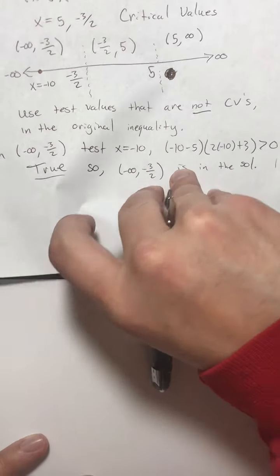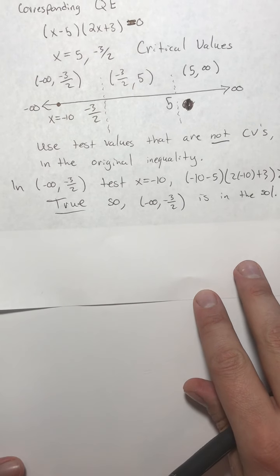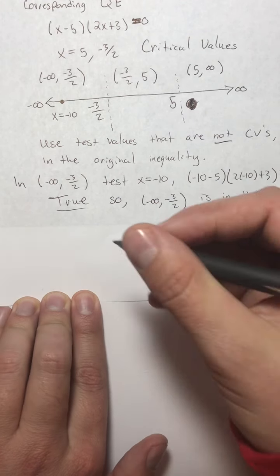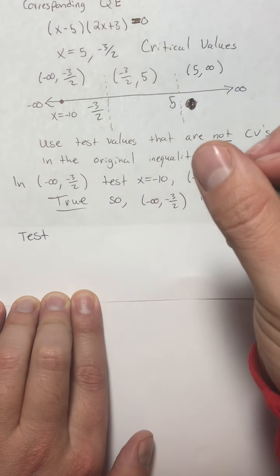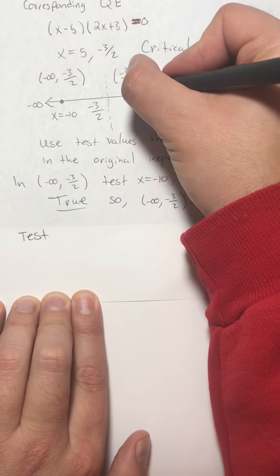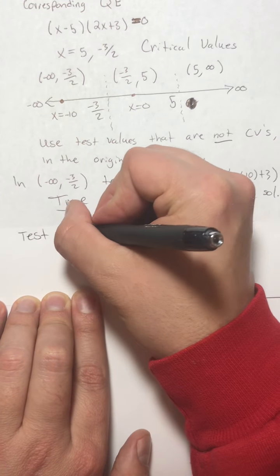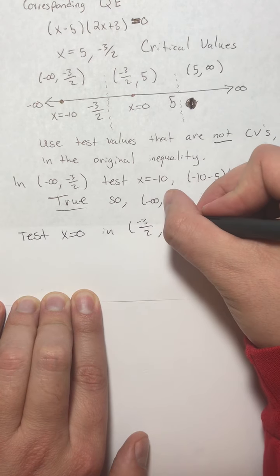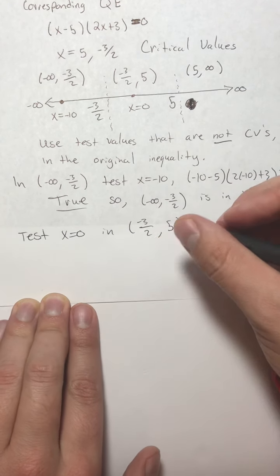Let's test the middle interval. I always like to use the test value of 0 if at all possible. And 0 is a valid test value in negative 3/2 to 5.